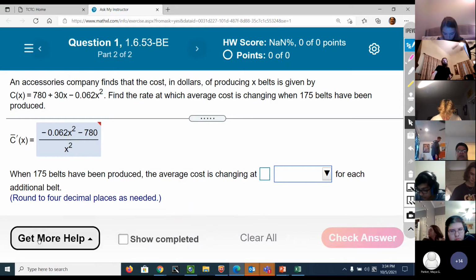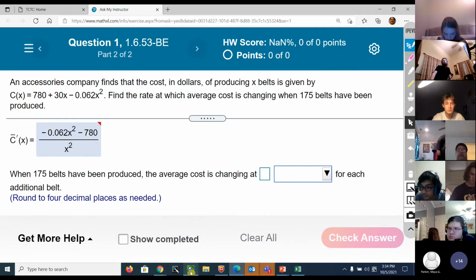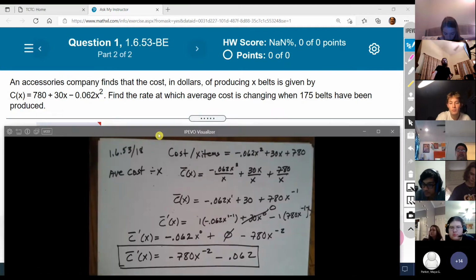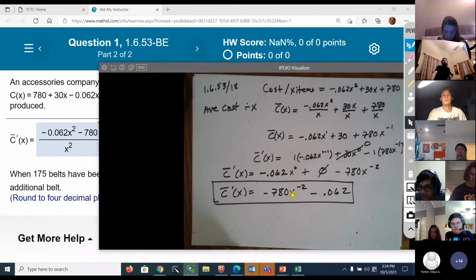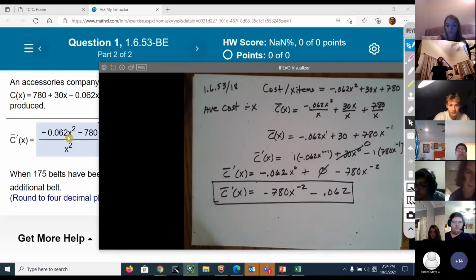I got the same thing right here. Does everybody agree with that? If you got a common denominator, that would be the same thing. Divide that x squared here, and you put x over here, you get the same thing.